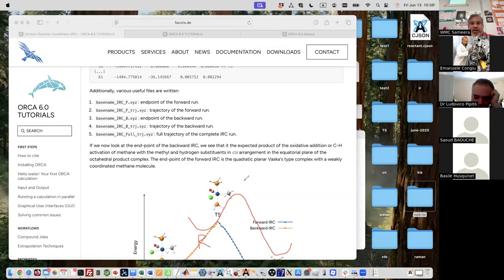You can see my drawing, I guess. So this is your transition state and this is the product. Now you can see the reactant side is relatively high in energy than the product. So this is an exothermic reaction, and this reaction has a barrier.